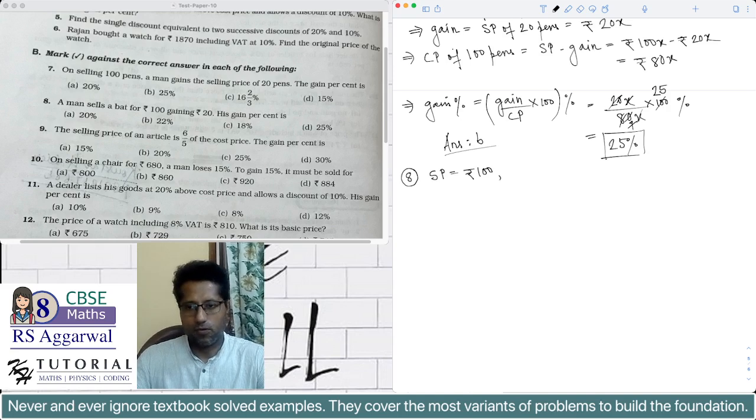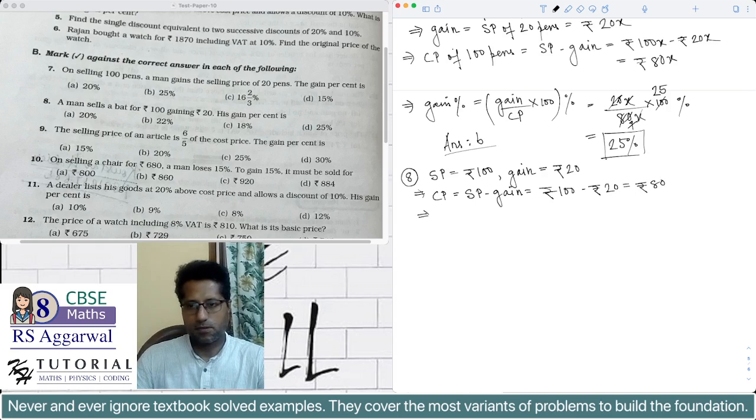Gain is given to be rupees 20. So this implies the cost price has to be equal to selling price minus gain. This is equal to rupees 100 minus rupees 20, which is equal to rupees 80.